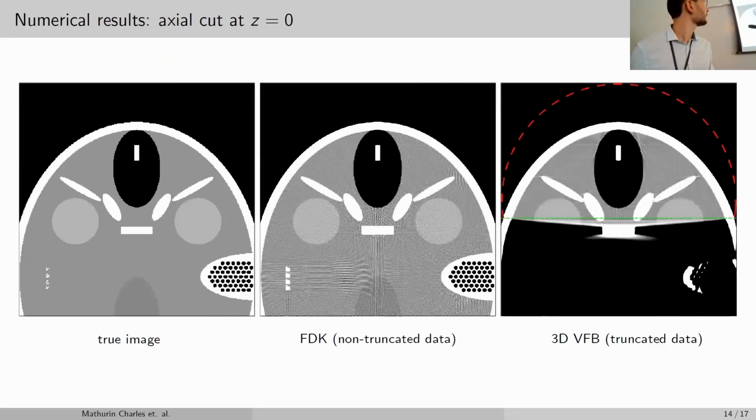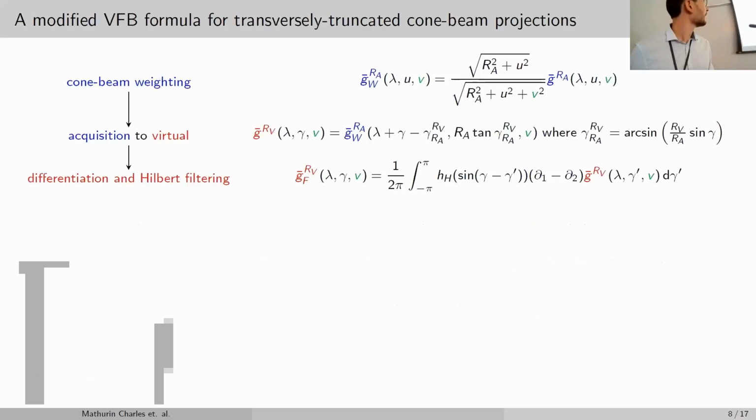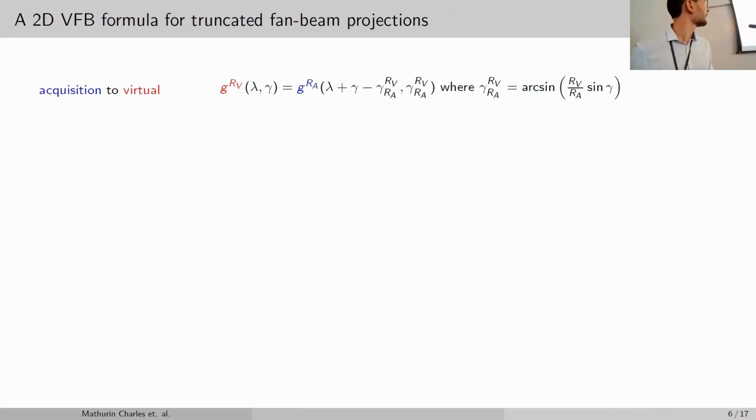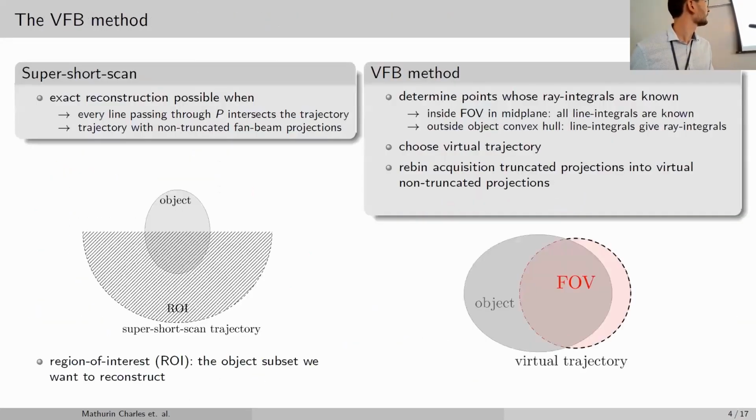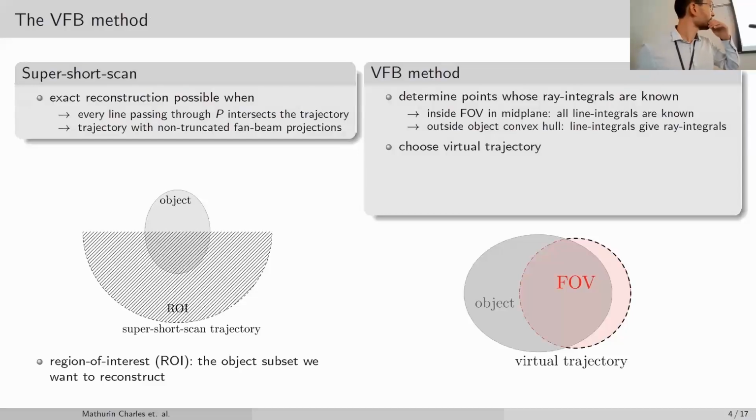Basically, if I want to explain, going back, as you can see on the right, the field of view is on one side of the object. And the DBP was applied to a different configuration where the field of view is at the center of the object, and there is a part at the left and at the right which is not measured.